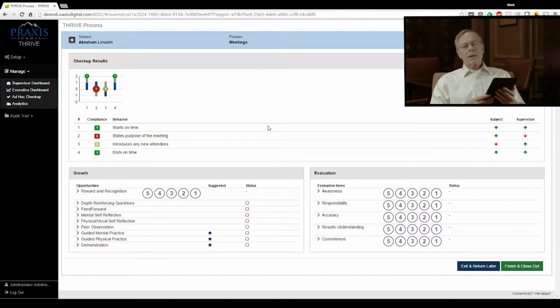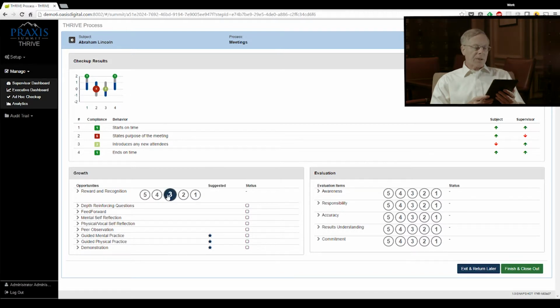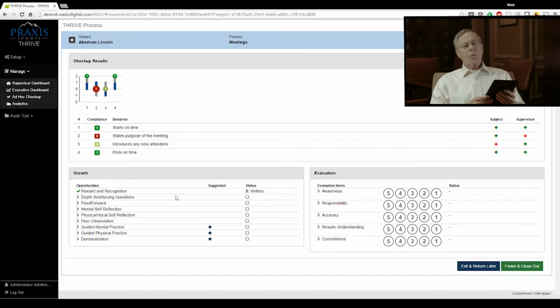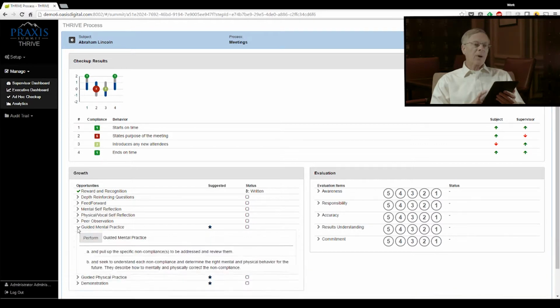So the supervisor and the employee review the results, they talk about the results, and then there's the opportunity for the supervisor, if they wish, to give reward or recognition to that employee and record what they did.